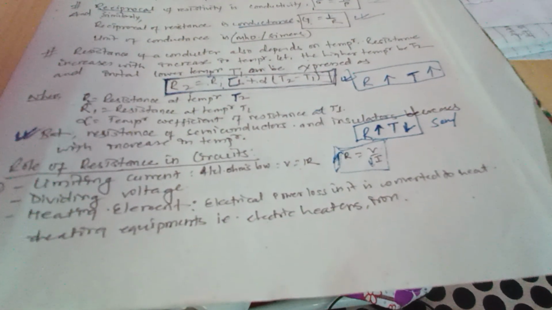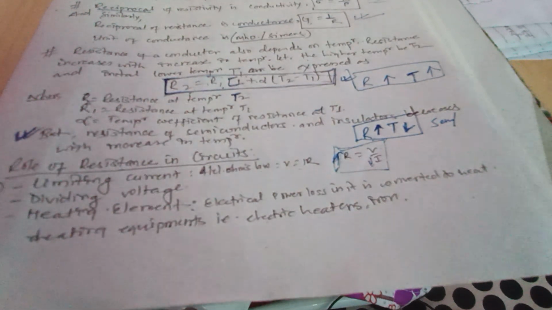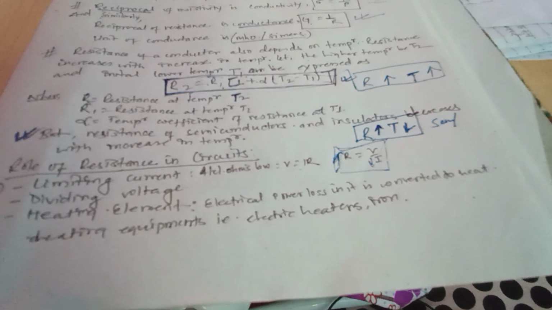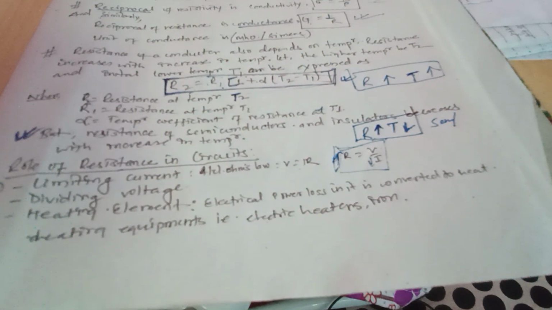A resistor blocks the flow of current, and hence the electrical power loss in it is generated as heat energy. By this principle, electrical heating equipment such as the electric iron is made, and filament lamps glow. So the resistor is also used for heating elements.